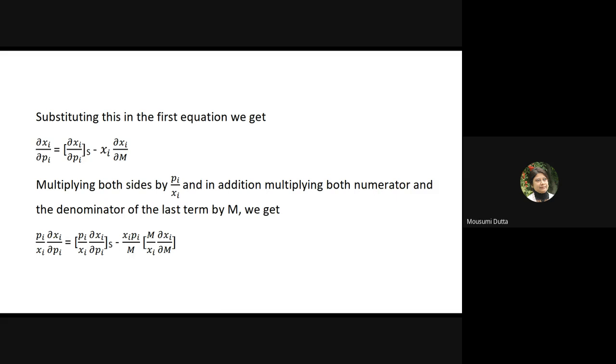Multiplying both sides by Pi by Xi, and in addition, multiplying both numerator and denominator of the last term by M, we get Pi by Xi, del Xi by del Pi.